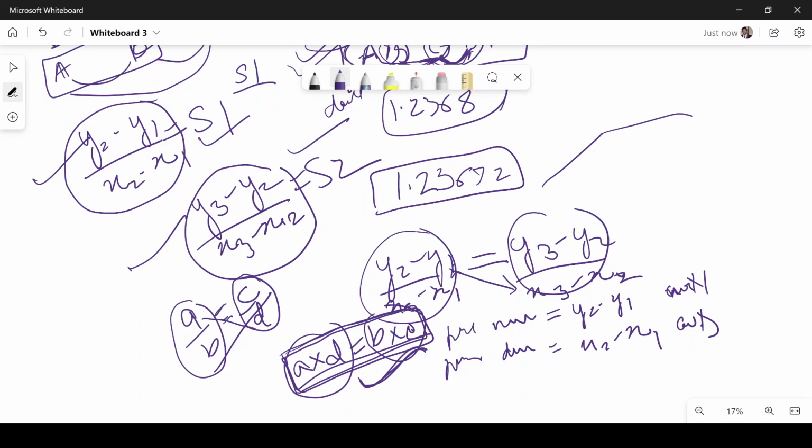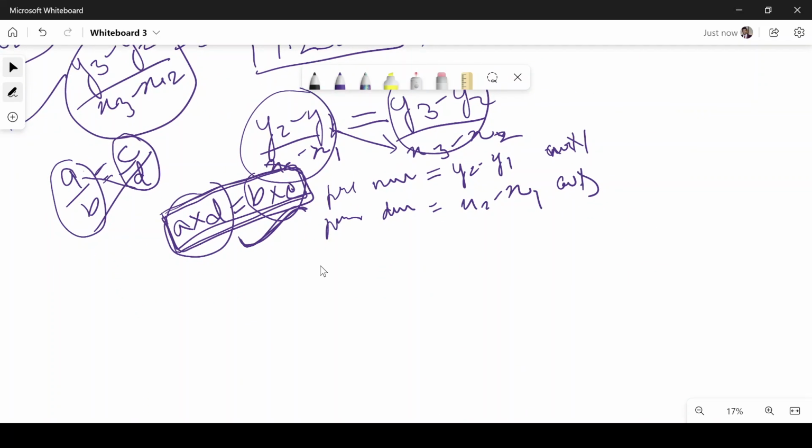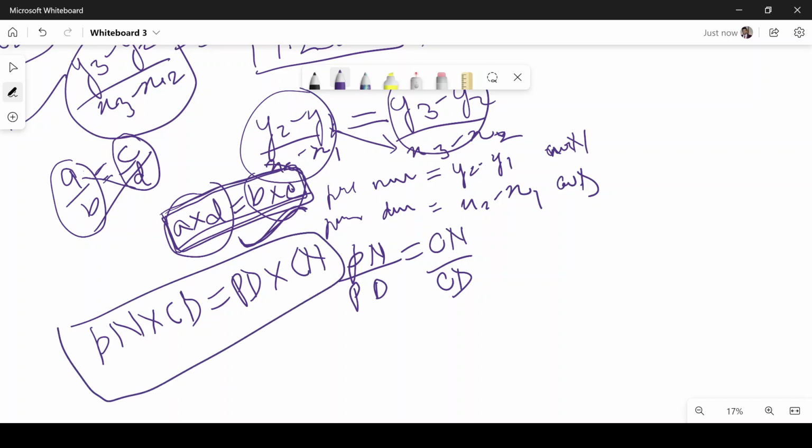Now the condition that we'll need to check is, because the formula is previous numerator divided by previous denominator equals current numerator divided by current denominator, cross multiply it, and the condition becomes previous numerator into current denominator is equal to previous denominator into current numerator. Just check this condition and we are good to go.